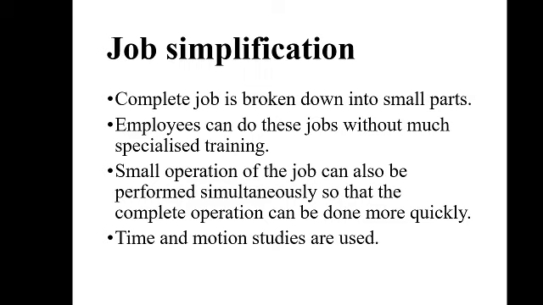Small operations of the job can also be performed simultaneously, so that the complete operation can be done more quickly. Instead of allotting the whole job to employees, the job will be broken and shared among the employees, and you can complete the operation quickly.